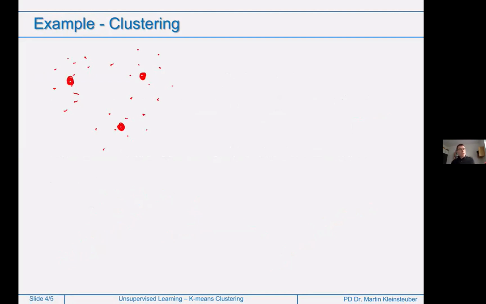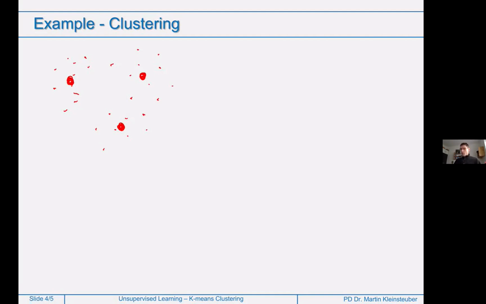The other points are somehow the clusters. So you keep some geometric information of the global structure, and you reduce the dimension.